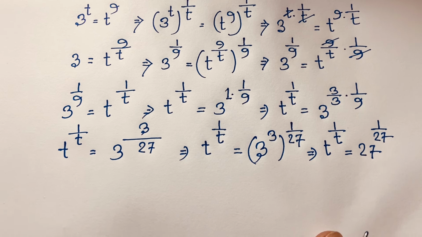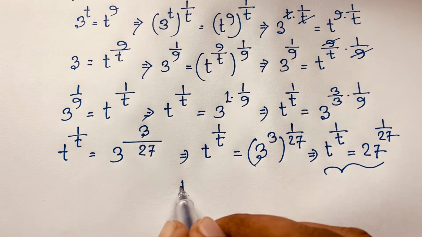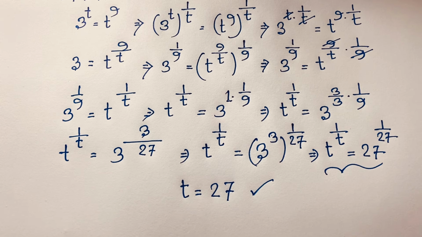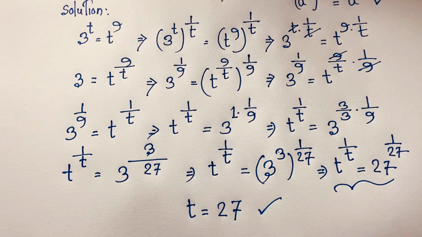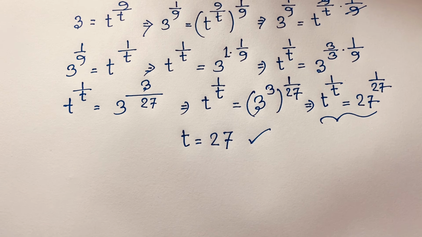Now, at this moment, if I compare both, you can say that t is equal to 27. This is our final answer in this exponential maths olympiad question. This is the value of t in this tricky maths problem.